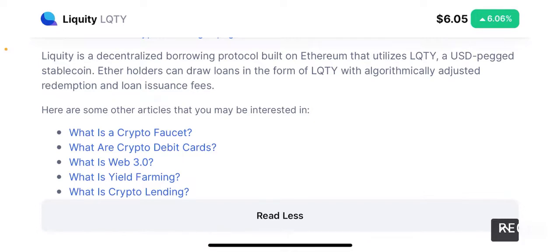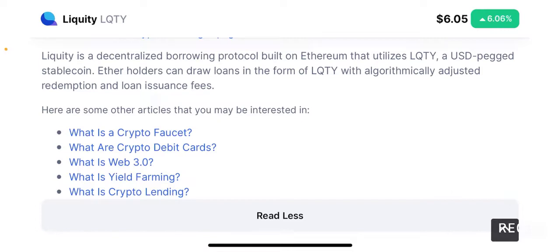Liquity is a decentralized borrowing protocol built on Ethereum that utilizes LQTY, a USD pegged stablecoin. So when it comes to the platform itself, it is a decentralized borrowing platform, right?